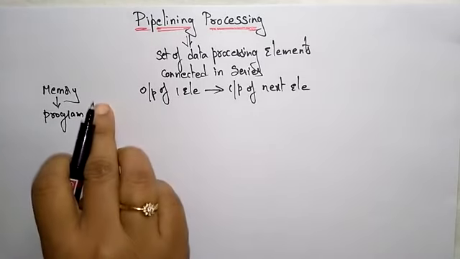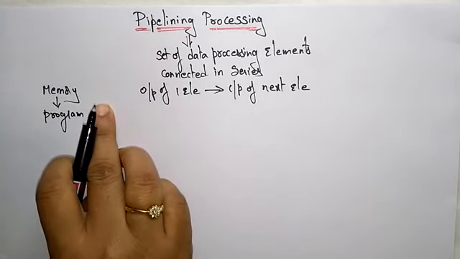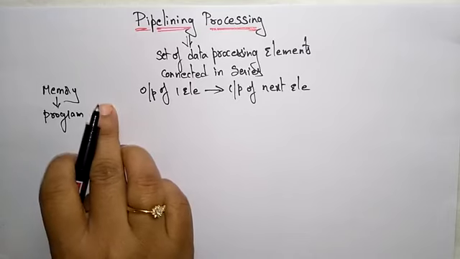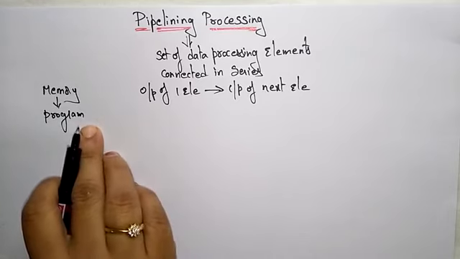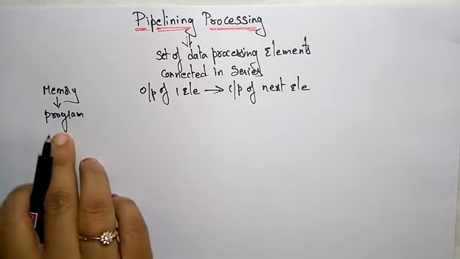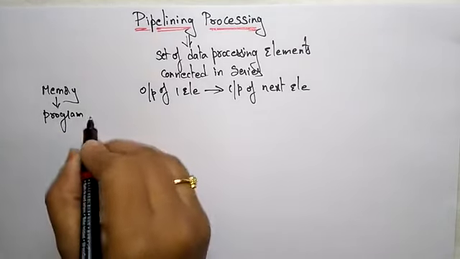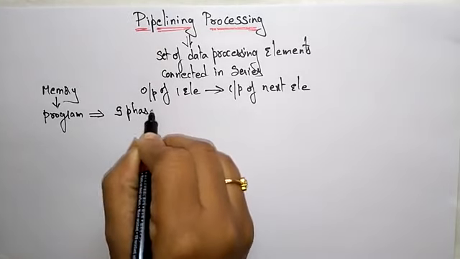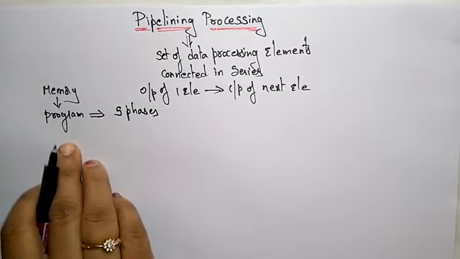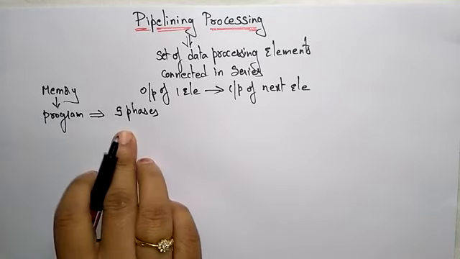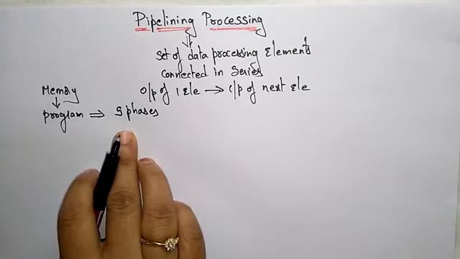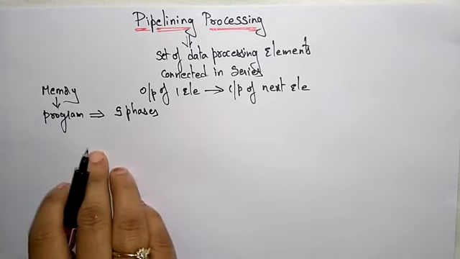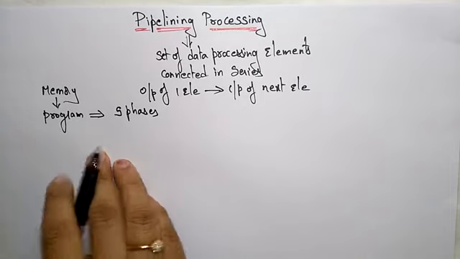Whatever instruction we want to execute will be fetched from memory. The program can be executed in 5 phases. Whatever instruction is present in the program will be executed in 5 phases.